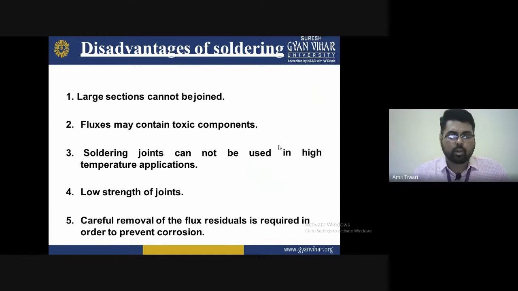Second, fluxes may contain toxic components, and they are required to prevent oxidation. Third, soldered joints cannot be used in high temperature applications. Fourth, it is a low strength joint, because not much strength is required for this type of joining. Fifth, careful removal of flux residue is required in order to prevent corrosion. So these are some disadvantages of soldering.